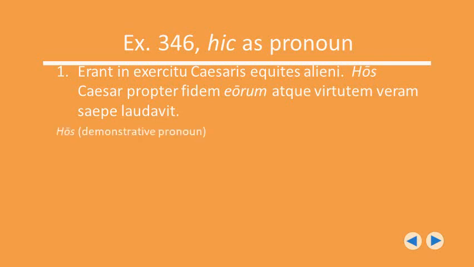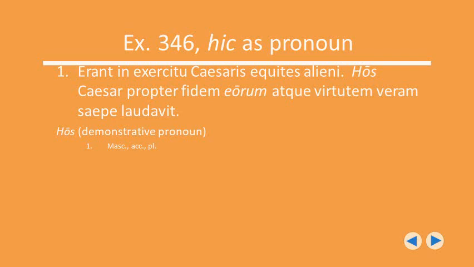So they've marked off for us the demonstrative pronoun hos. Now, can you parse it for us? So take a second to look at your chart and parse it. And it is masculine accusative plural.